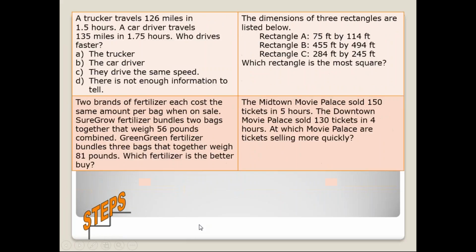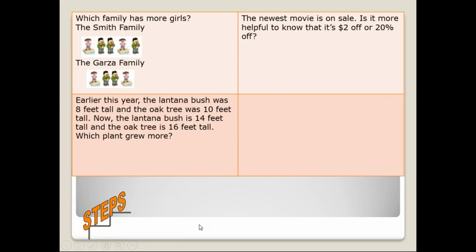Okay? So another set of problems might be this one. I'm going to add some numbers. We have the Smith family. Even though it doesn't give numbers, we can tell there's 2 girls and 3 boys. The Garza family has 2 boys and 2 girls, but which family has more girls? I like that question.